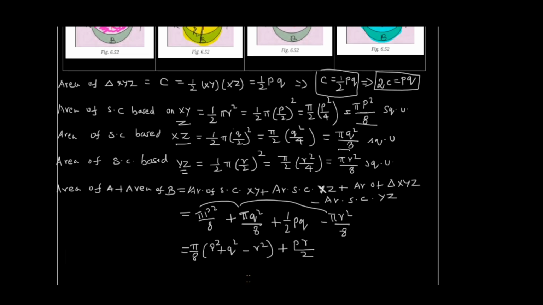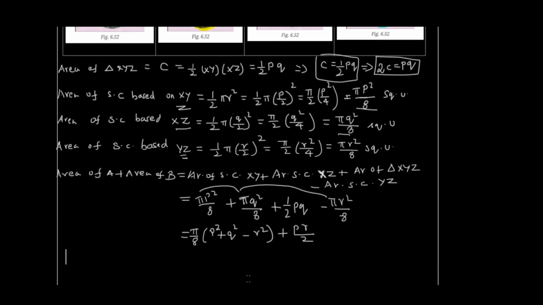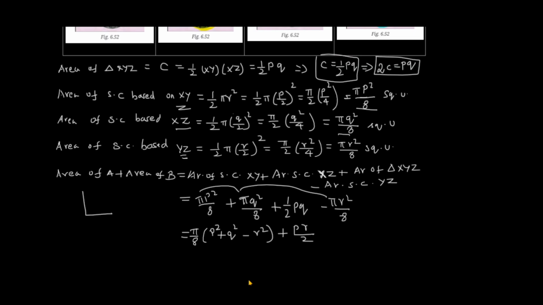Now in our triangle, P, Q, R are the sides of the right angle triangle. Using Pythagoras, we get P squared plus Q squared is equal to R squared. When we are replacing that, P squared plus Q squared is R squared, so R squared minus R squared is 0.